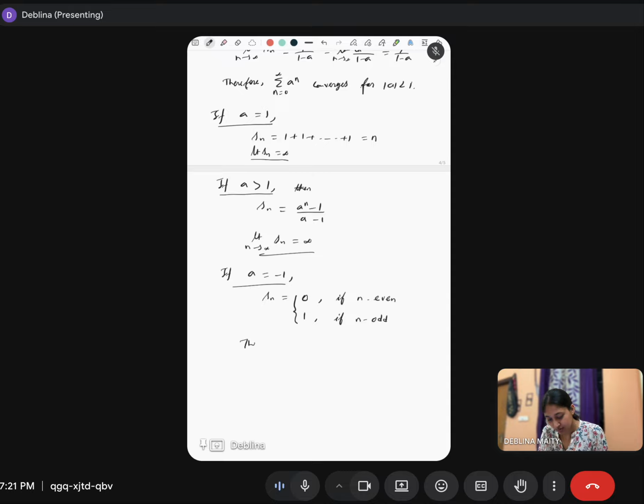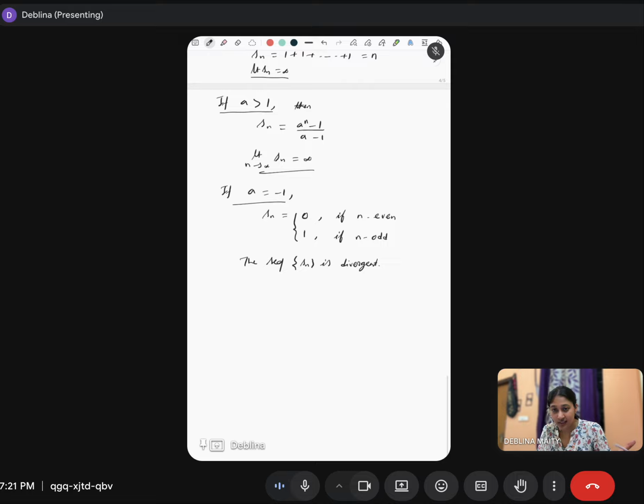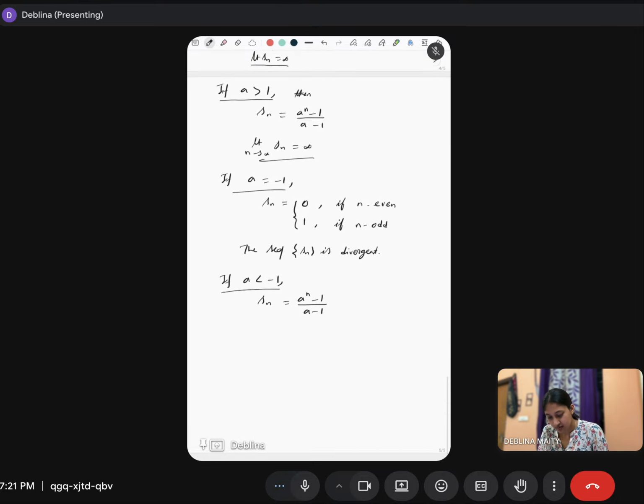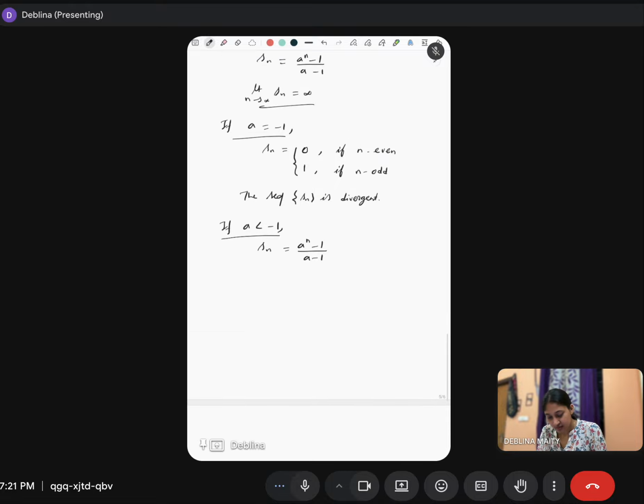So the sequence Sn is divergent. Now what about if a is less than minus 1? So if a is less than minus 1, Sn is a to the power n minus 1 by a minus 1, right? Then also the limit of Sn goes to infinity, minus infinity.